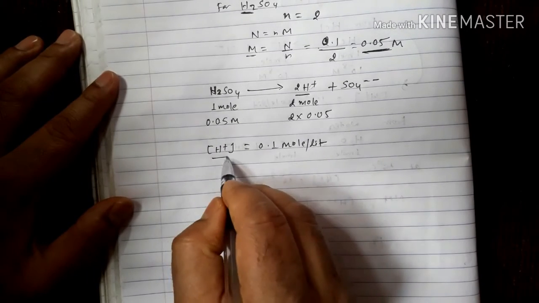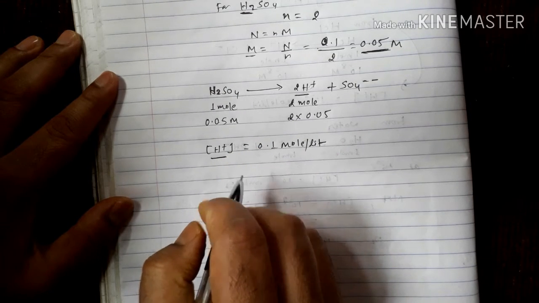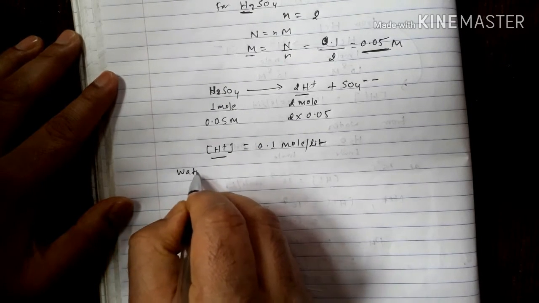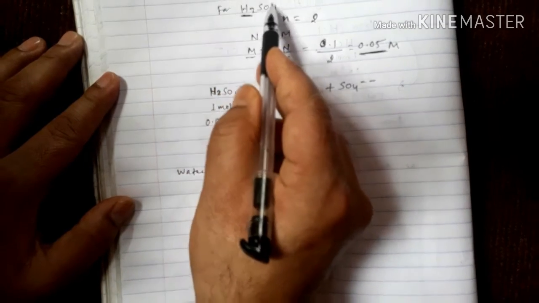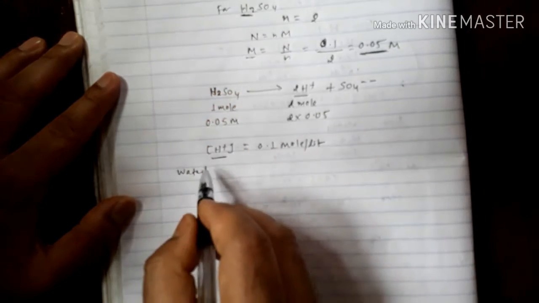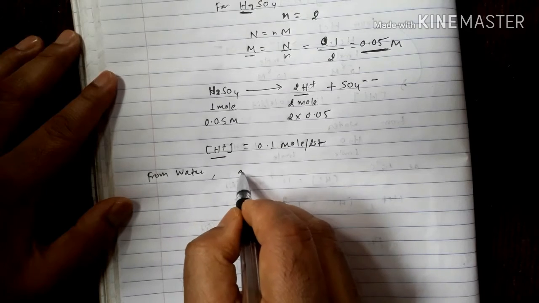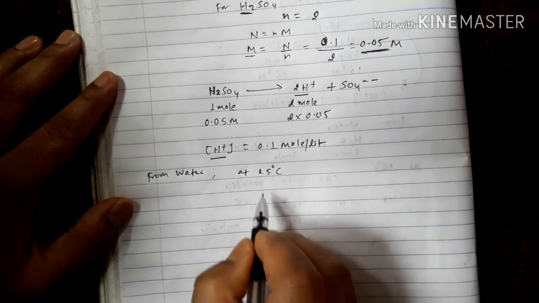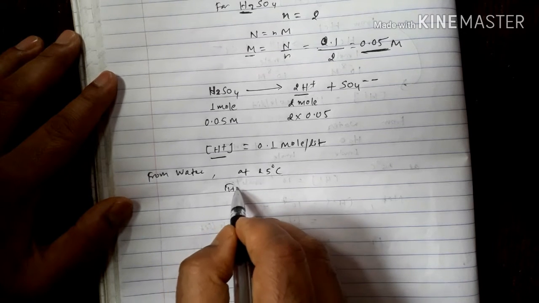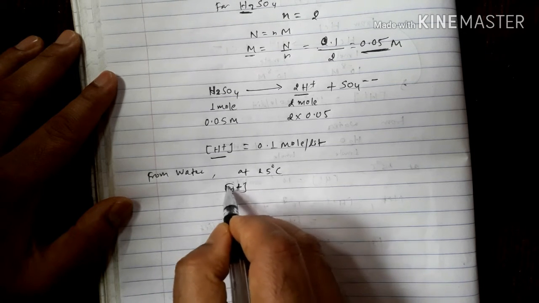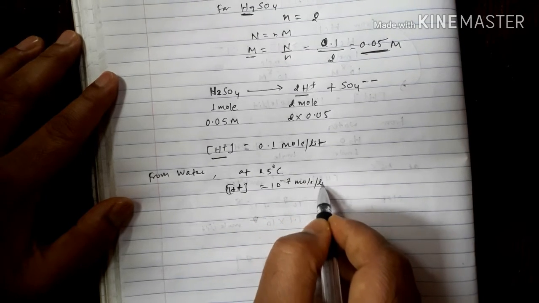Now, this H plus comes from the acid. Water also gives H plus, because the H2SO4 solution is prepared in water. From water at 25 degrees centigrade, the concentration of H plus is 10 to minus 7 moles per liter.